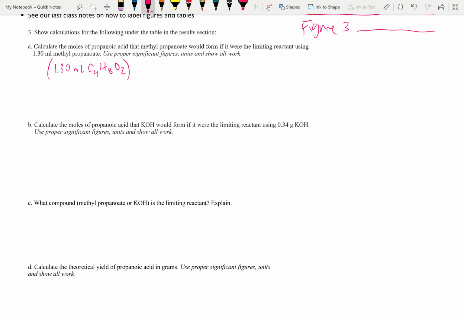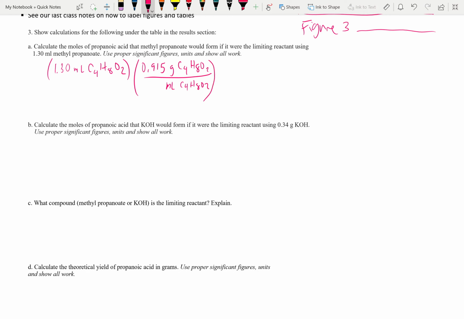And this is given, then we multiply it by the density, that's 0.915 grams of C4H8O2 divided by milliliters of C4H8O2. You need to label all your units, and you need to show me how things cancel out.